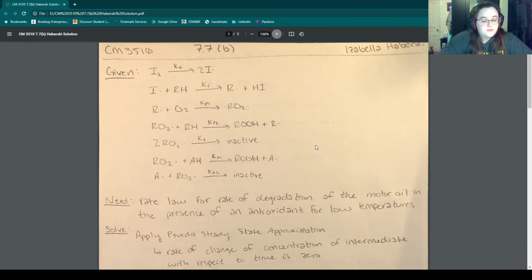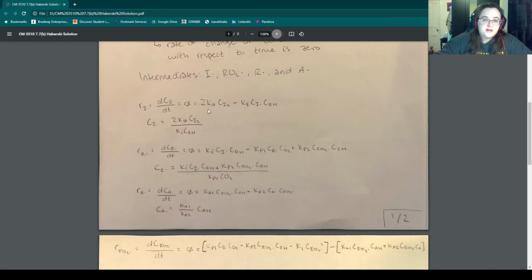And then for the second one, we need to have our coefficient again. In this case, it's going to be -1. And then we need to multiply that by our K, in this case Ki, and then by our concentration of our I radical, and also the concentration of RH.